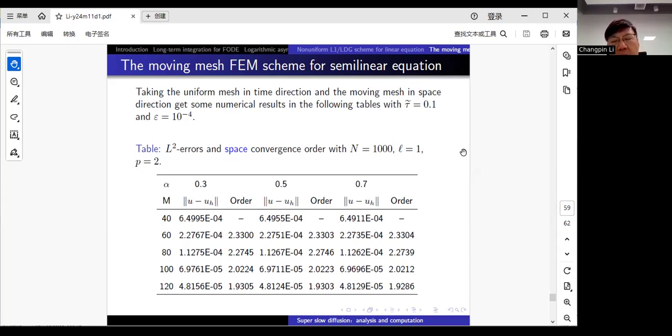Of course, the Caputo-Hadamard derivative can be changed into the Caputo derivative with a change of variables. But if we change, it is difficult.